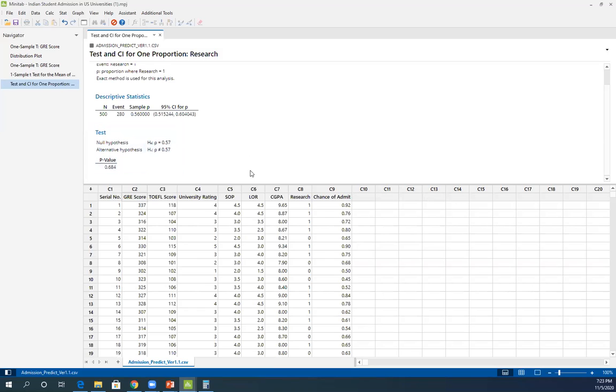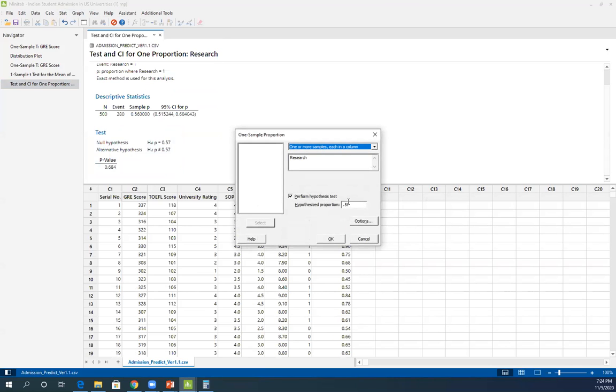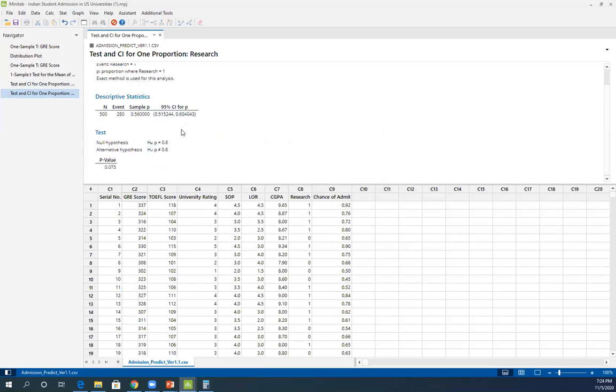Let's say I'm just going to do 60%. So I'm just changing to 60%. In this case also this is accepted because the p-value is 7% and our alpha value is 5%.